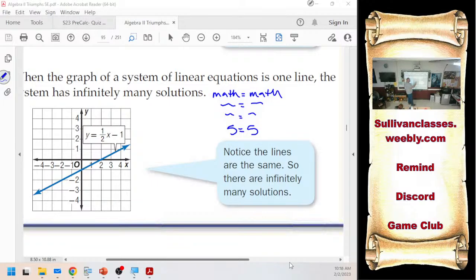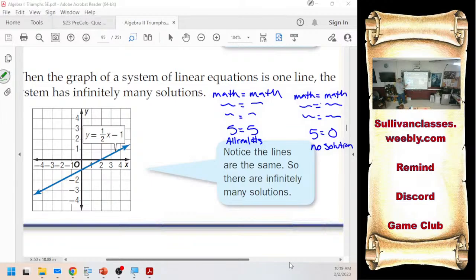We used to call these, with equations, all real numbers. What if I do math, blah, blah, get all the way to the end, and you get 5 equals 0? Is that a true statement? No. So what's my answer? No real number. No solution.